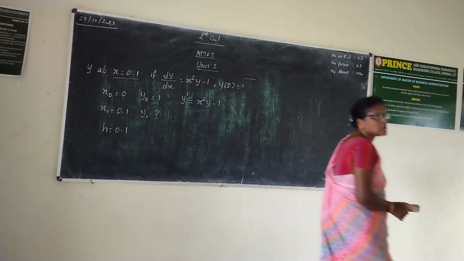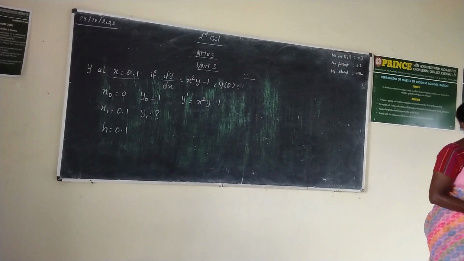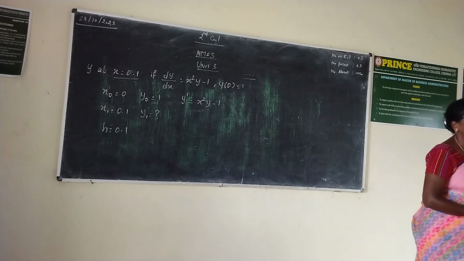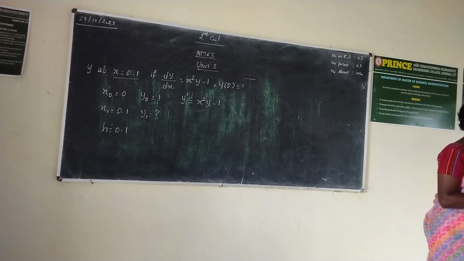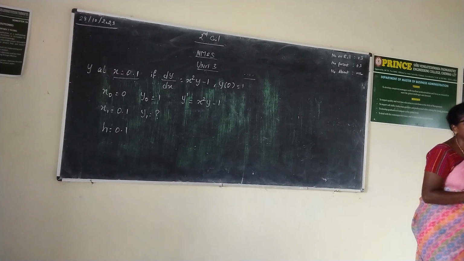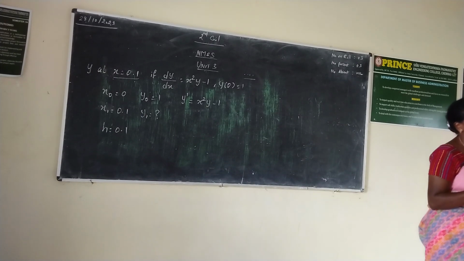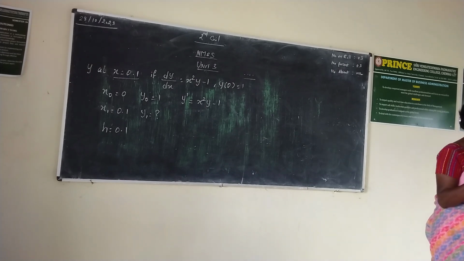You need the information about y0, then h, then y0 dash, y0 double dash, y0 triple dash. These mean the first derivative value when x equals x naught and y equals y0, the second derivative value at x naught and y0, the third derivative value at x naught and y0, and so on. Find those derivatives and substitute them into the formula.